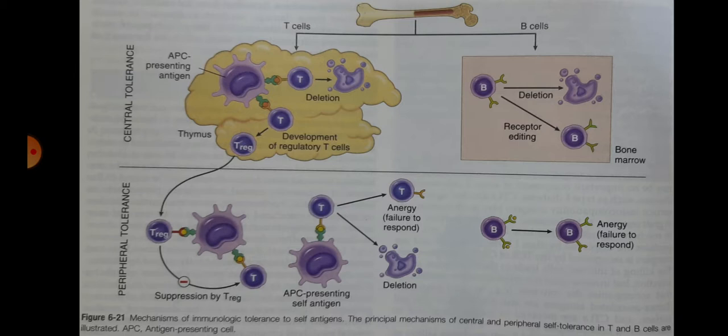T cells that recognize self-antigens may receive signals that promote their death by apoptosis.